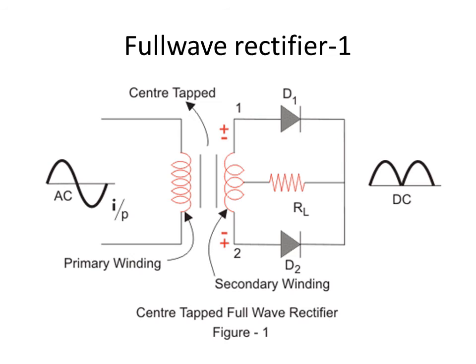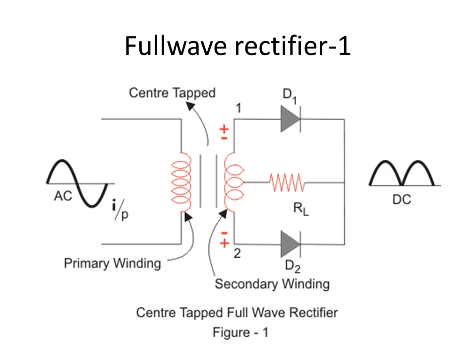Or since the variation during 0 to pi and pi to 2 pi are the same, you can do it as 2 times the integral from 0 to pi of Im sine omega t.